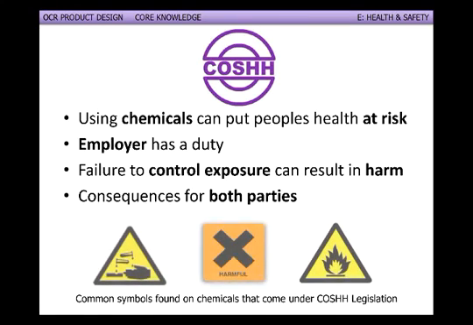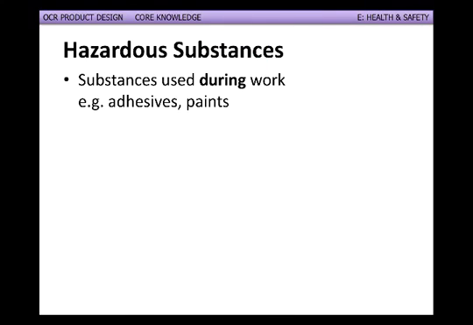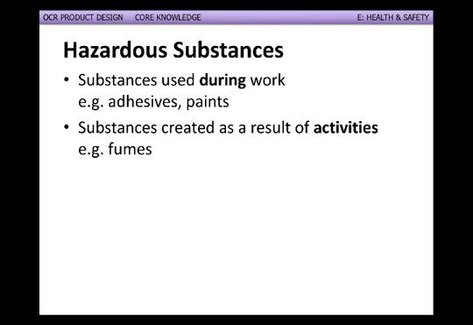You might have seen some symbols like this on tins of paint and various chemicals, and they're there because COSHH says that they have to be there. Now, for us in the workshop, what we're concerned about is substances that are used during work, such as adhesives and paint, and any substances that are created as a result of activities, in other words, fumes.